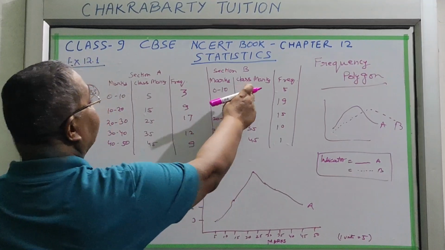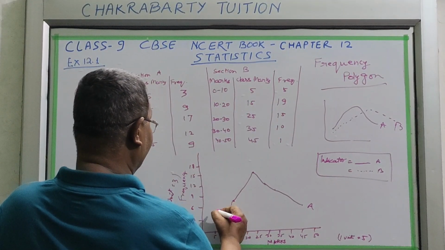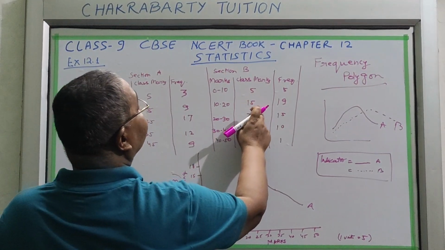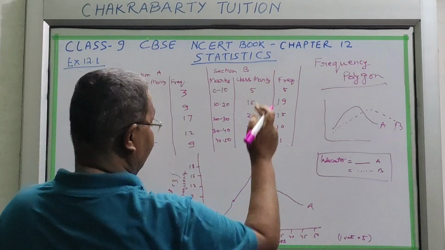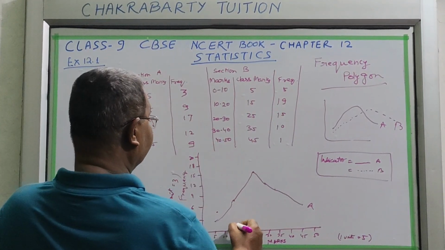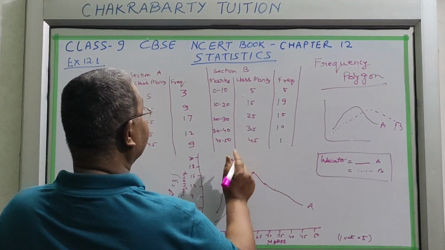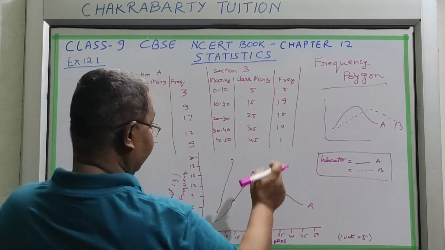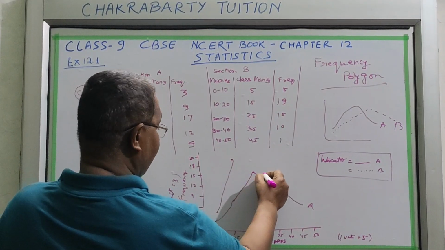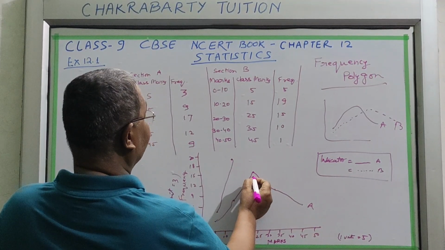Now the B section. For 5 the frequency is 5, means somewhere it will be here. Then for 15 it is 19, so we have to go to 19. Then for 25 it is 15; since it is 17 for A, 15 will come somewhere here.